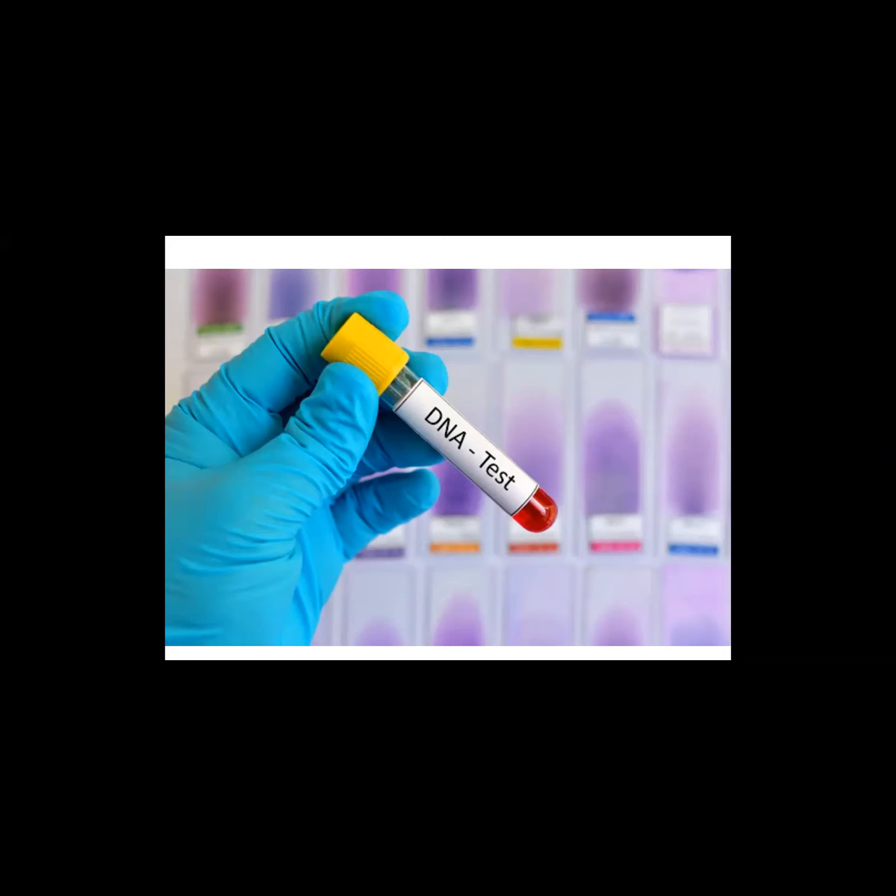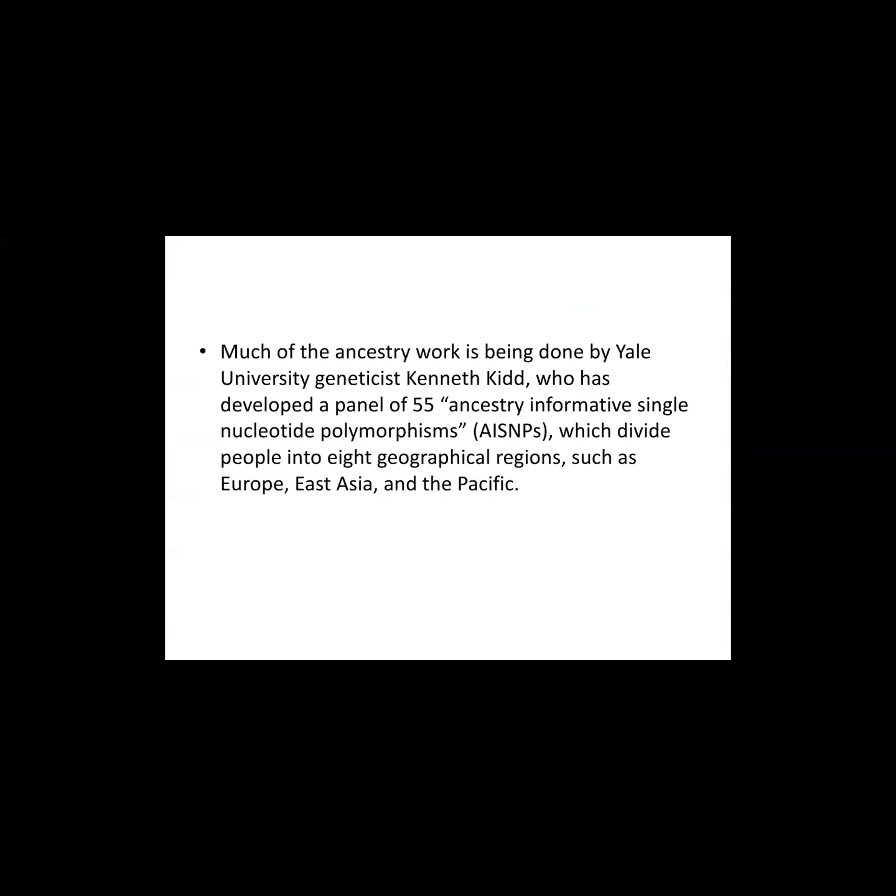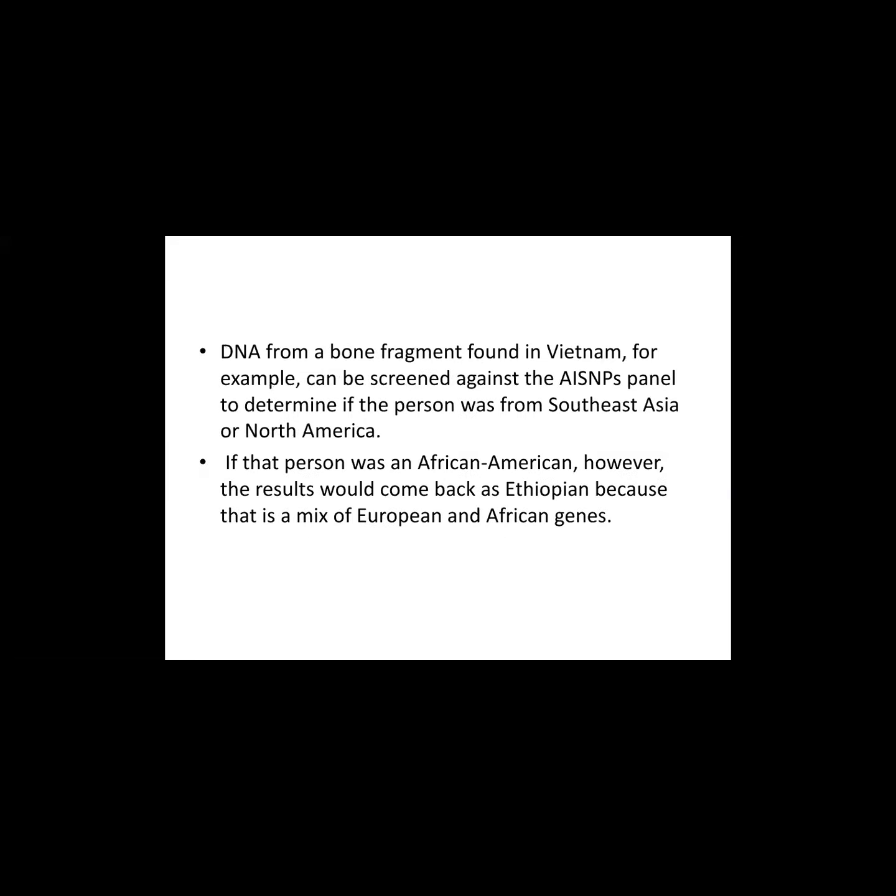So a bone fragment found in a vitamin, for example, can be screened against the AISNP panel to determine if the person was East Asian or North American. If that person was African American, however, the results would come back as Ethiopian, because that is a mix of European and African genes.